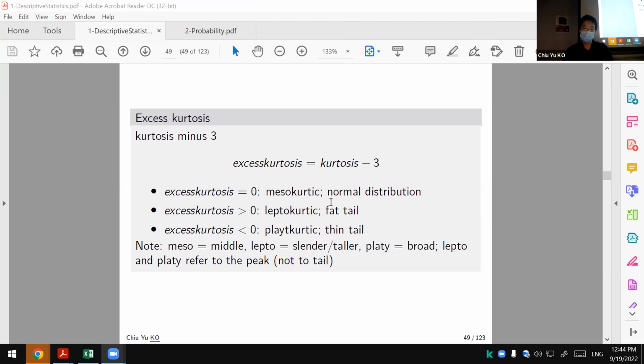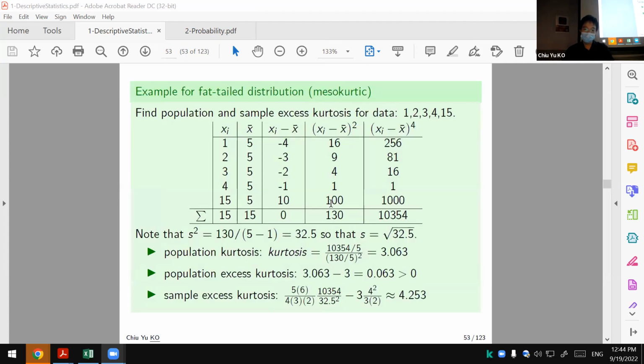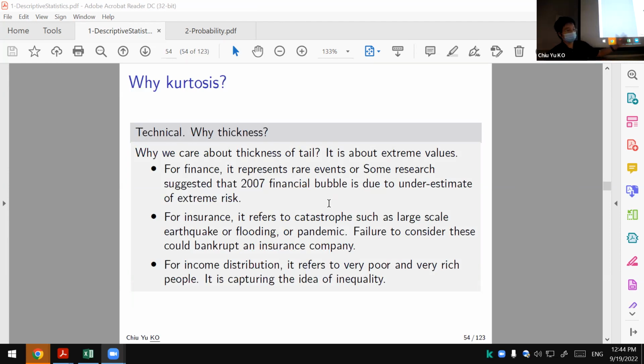And I mentioned last class why you had a financial crisis: some people said in 2007 there was a lot of algorithm trading, and those algorithms were designed by people with a Ph.D. in physics and a Ph.D. in math who had no knowledge about economics, and they failed to take into account kurtosis and skewness, not because they didn't want to, but because if you take skewness and kurtosis into account, the model will be very complicated. And at that time, people just didn't do those. Of course, now they do, but in those days, they didn't take them into account.